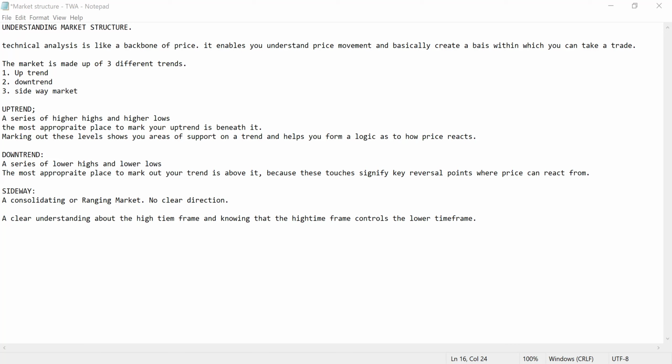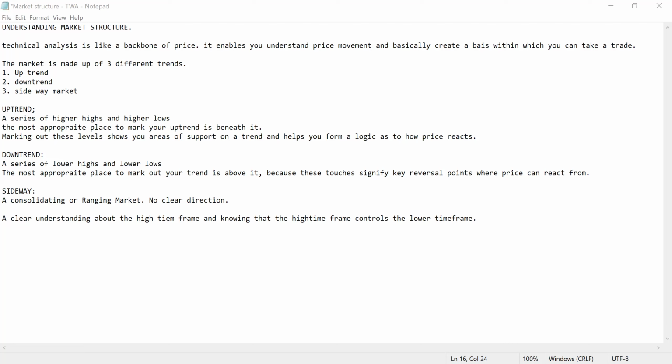Okay, we should not engage in these kinds of trades. We should not engage in sideways markets.